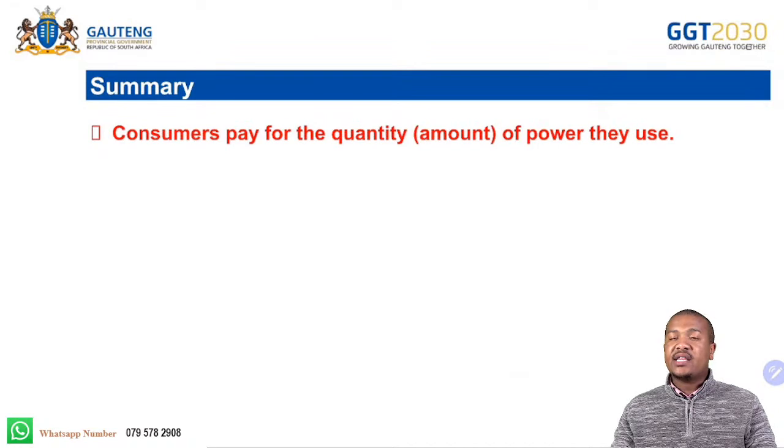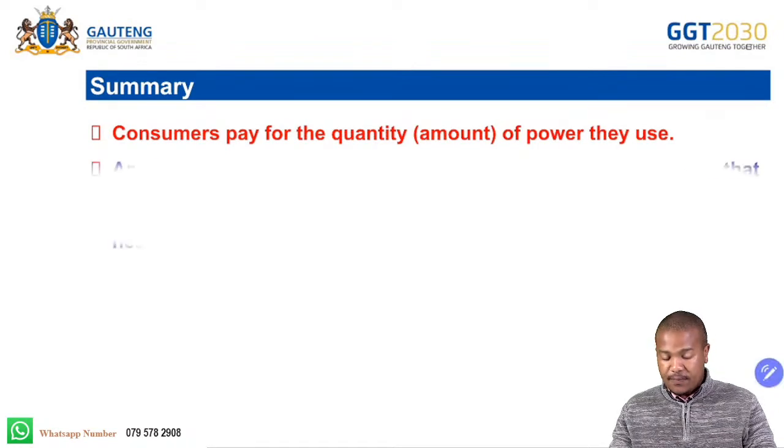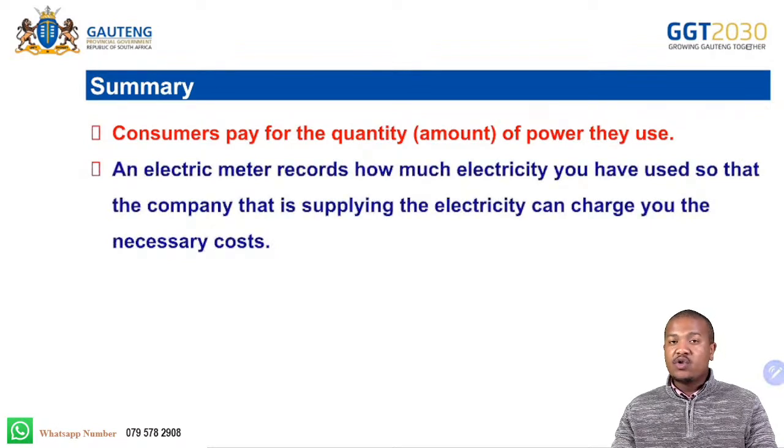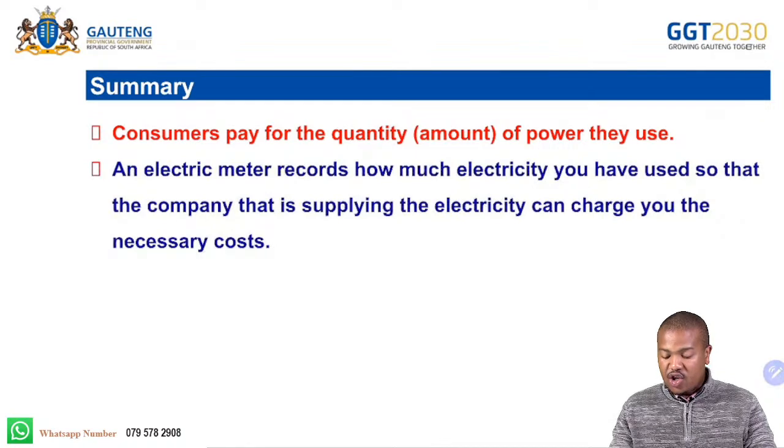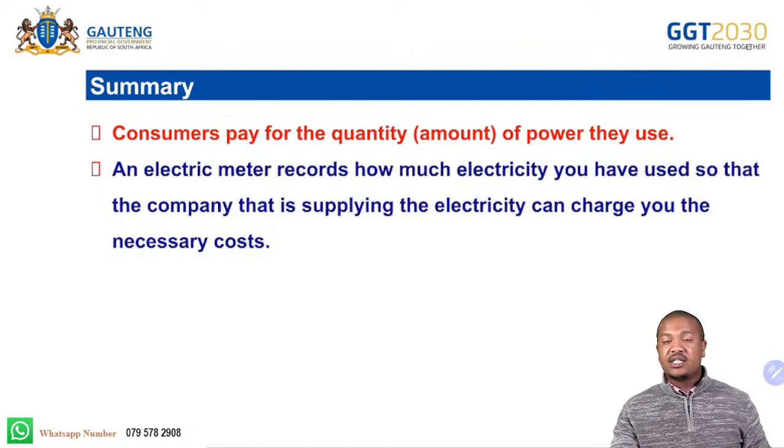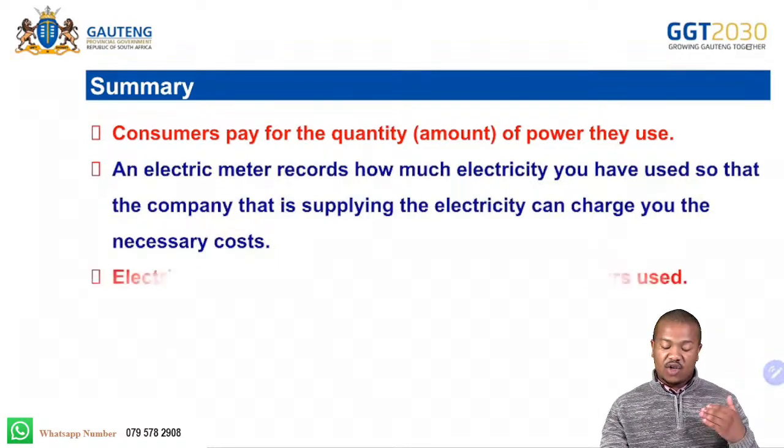Also, we highlighted that consumers pay for the quantity of power they've used, and we use an electrical meter that records how much electricity you have used so that the company supplying the electricity can charge you the necessary costs.